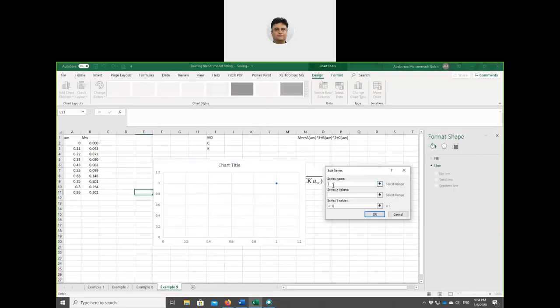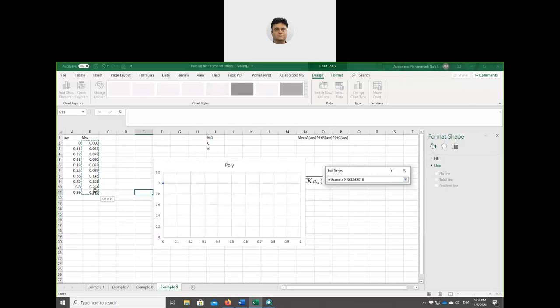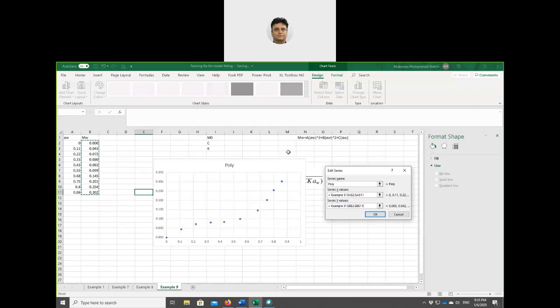Series name is polynomial. X is AW, and Y is MW. AW is our independent variable, and MW is our dependent variable.